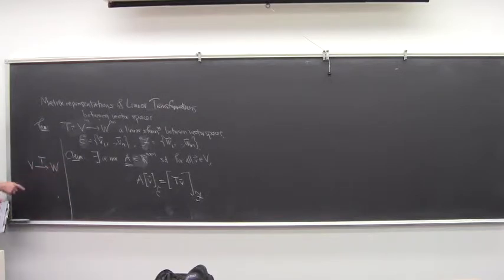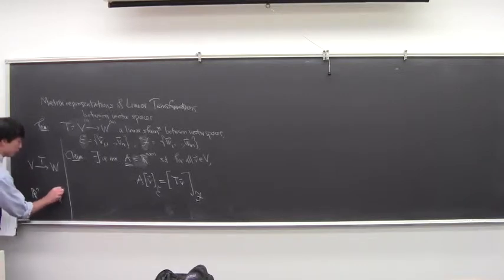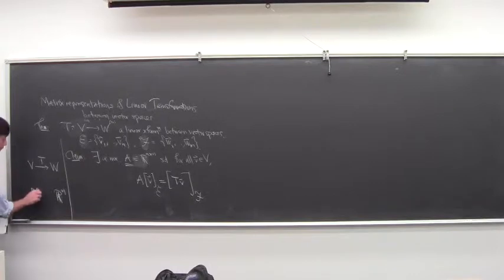You've got V and W. V is n-dimensional, W is m-dimensional, and you're looking for an m by n matrix. The m by n matrix gives you some map, T_A, that goes from Rn to Rm, by left multiplication of the matrix.